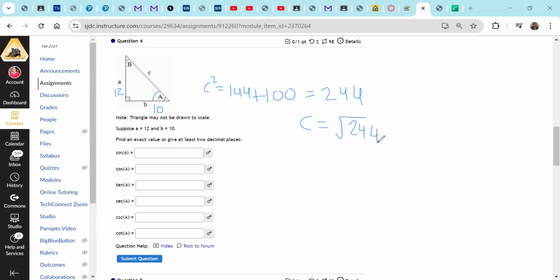Let me know what you find. Then we're going to find sine A. Sine A is opposite over hypotenuse. Opposite is 12. Hypotenuse is the square root of 244. So calculate that, and let me know your answer up to 2 decimal places.